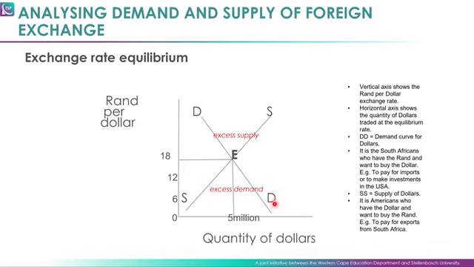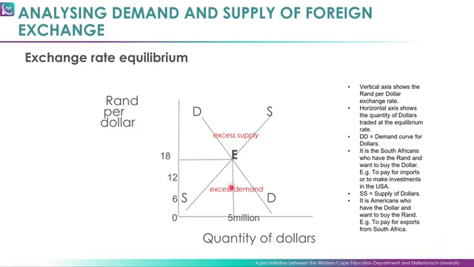And then SS is the supply of dollars, so that is the Americans who have to now supply. And why would they supply? They would sometimes need the rand as well, so they would want to buy rand in order to pay for the stuff that they buy from us.